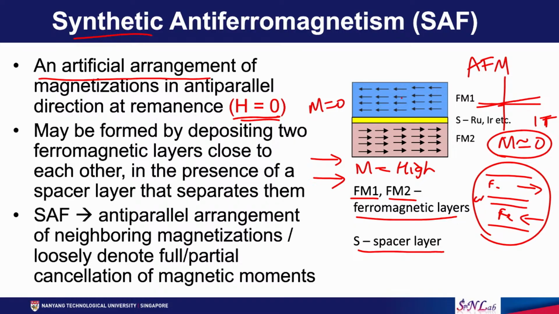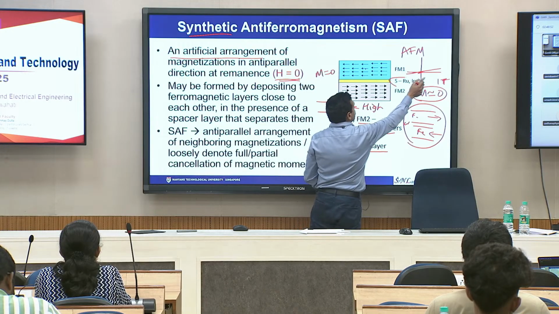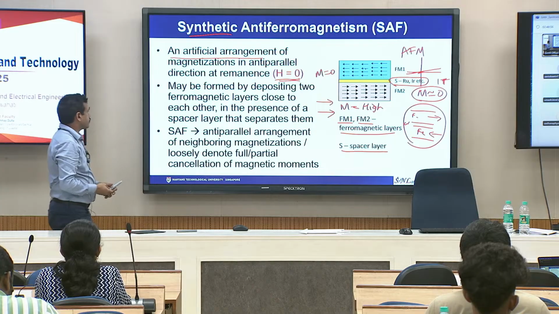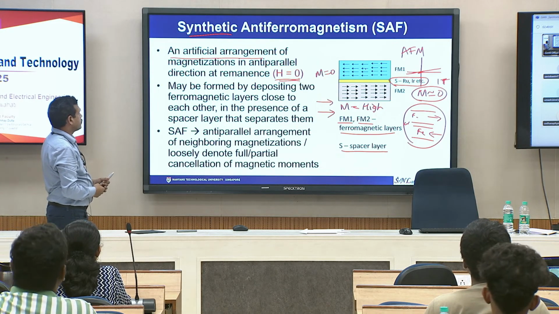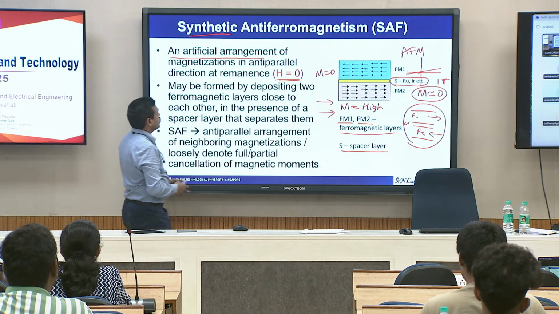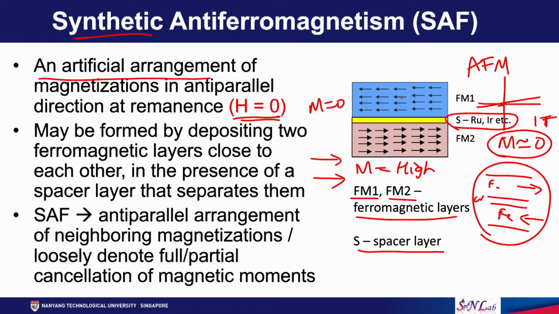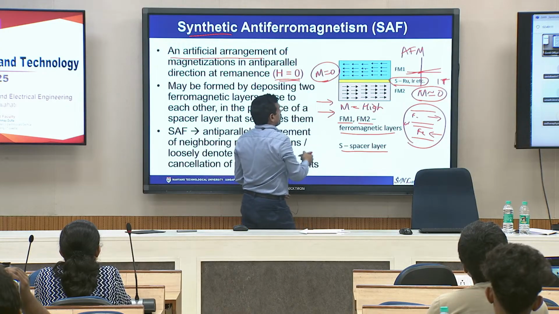So, these kinds of materials can be formed by depositing 2 ferromagnetic layers close to each other in the presence of a spacer layer that separates them. So, this spacer layer can be ruthenium, iridium and things like that. So, I mentioned that if the magnetic moments of these two layers are identical, then the net magnetization can be 0.